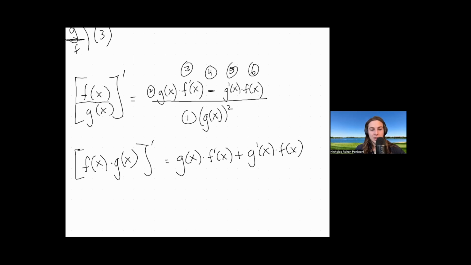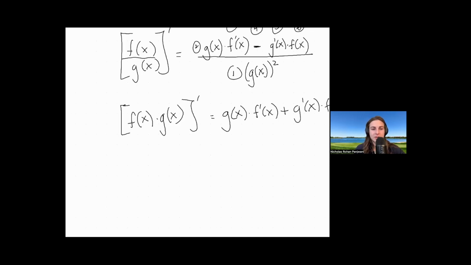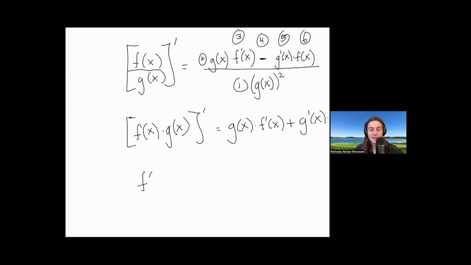And just really quickly, I'm going to show you how the quotient rule is the product rule, but with a slight twist. And it involves our chain rule. So I'm going to rewrite this f of x over g of x as f of x times g of x to the negative 1.